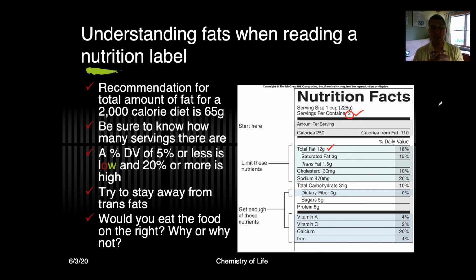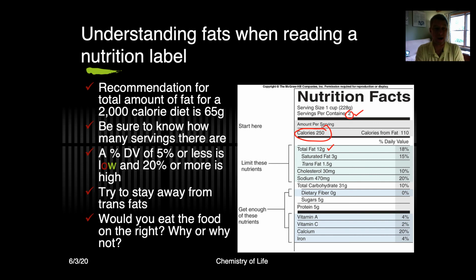So you look at the label and say, oh yeah, I'm only getting 12 grams of fat, but in reality, you're getting 24 grams of fat. You're doubling all of the calories and everything else. Notice they give you calories per serving as 250, but if you eat the whole bag, then you're getting 500 calories. So you have to be very aware of the number of servings. And by the way, I dare you not to eat the whole bag of that little bag of chips, which is mostly air anyway.